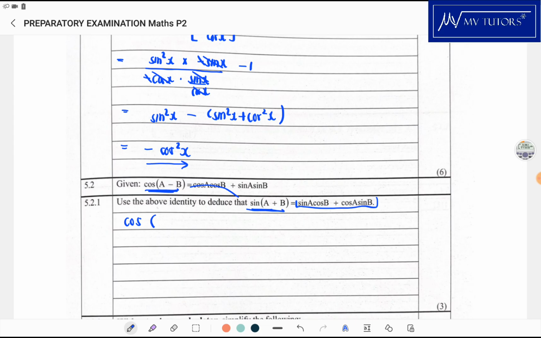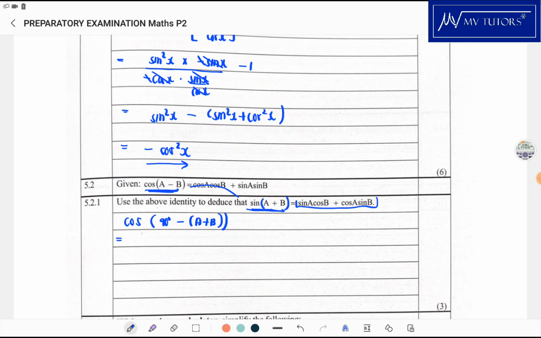So if I take cos of 90 degrees minus (a plus b), cos and 90 will turn into a sine, and the angle is what we have there. That is why sine(a plus b) is equivalent to cos(90 minus (a plus b)). Okay, so those are equivalent.